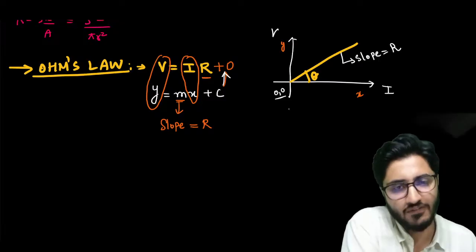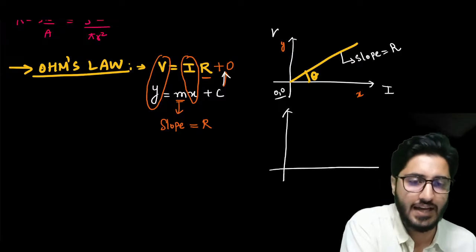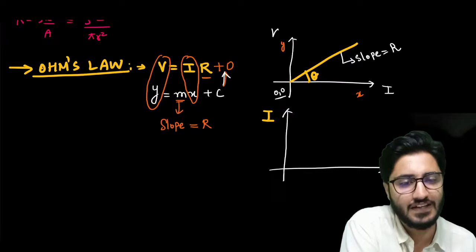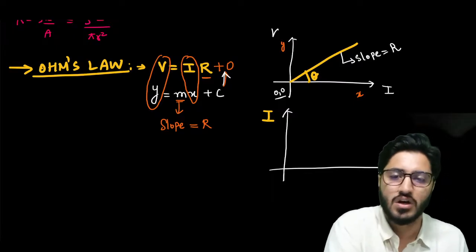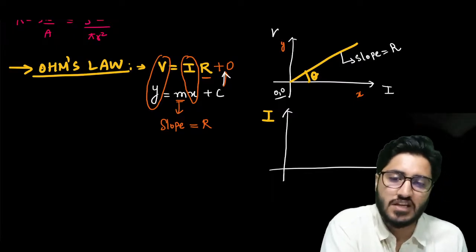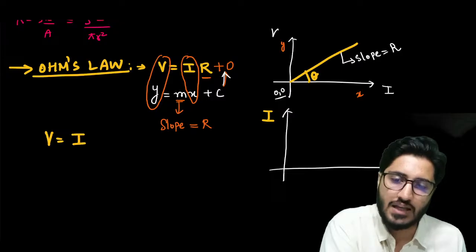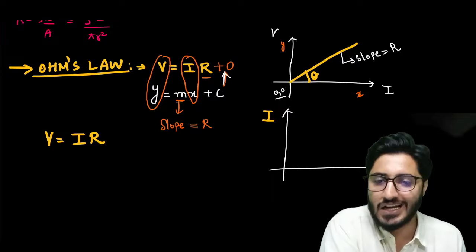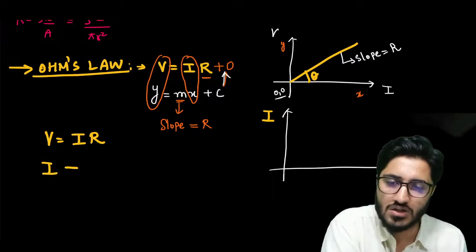Now let's suppose we have a graph between I and V. In some cases, if we have a graph between I and V, then we need to change this equation. V equals I into R, right? So can I write now I is equal to V by I?